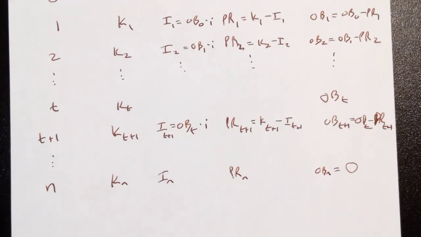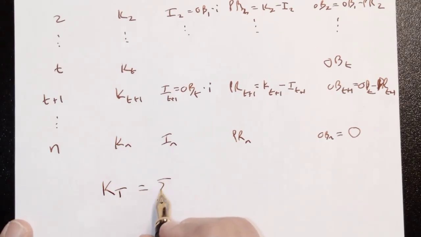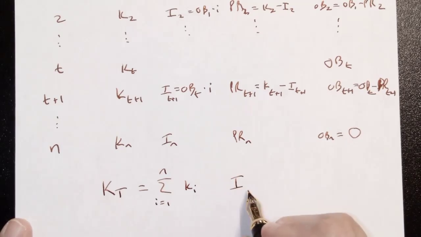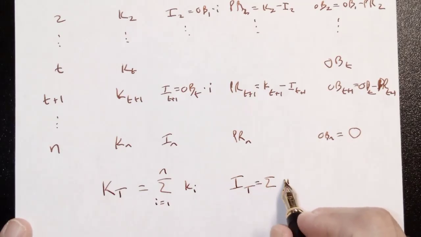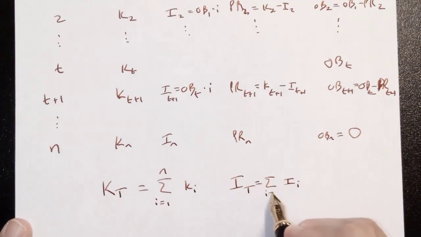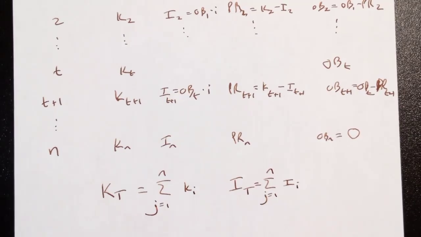I'm going to use a subscript T, capital T, to represent the sum of all of my payments. I'm going to do IT the same way. Oh, I should use a J here because we have an interest rate I. I don't want to use the same variable more than once.